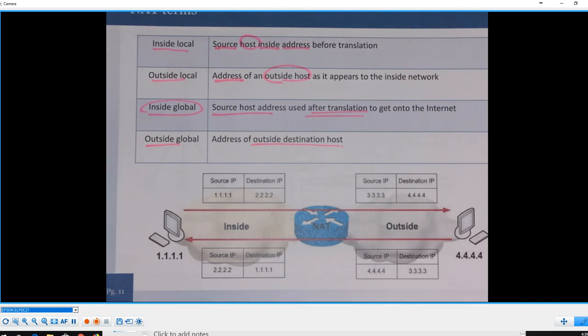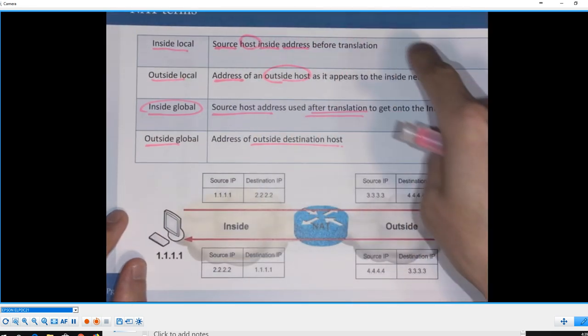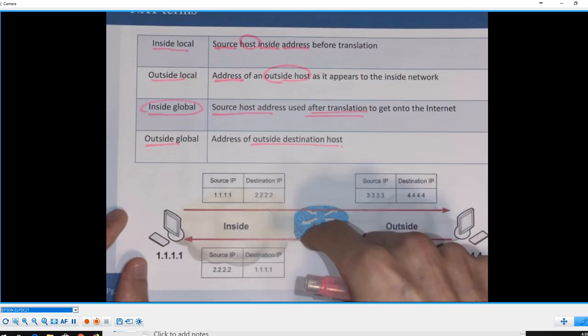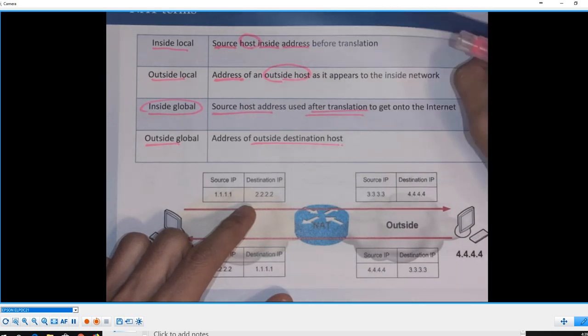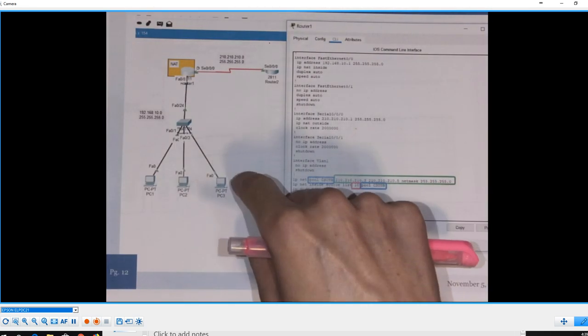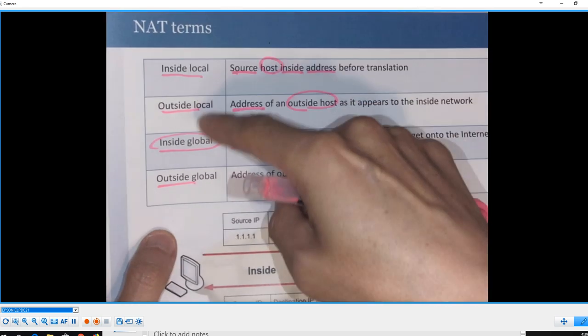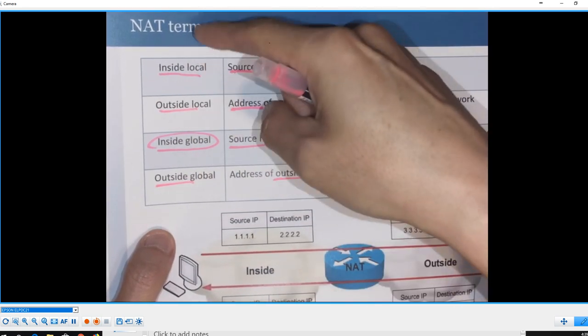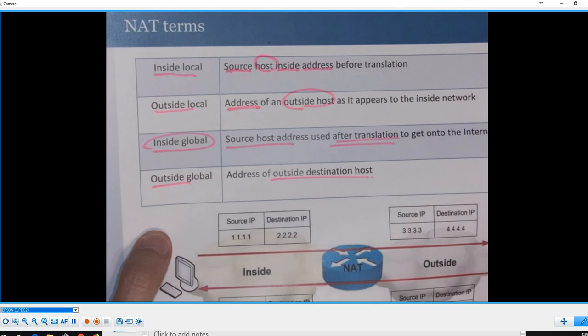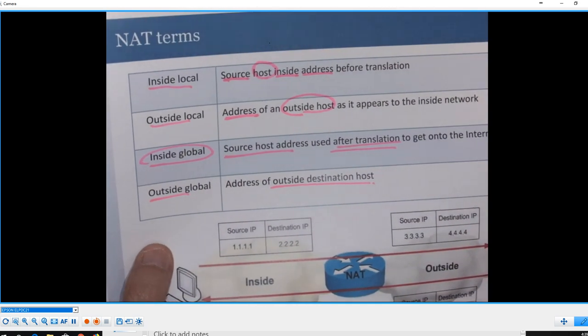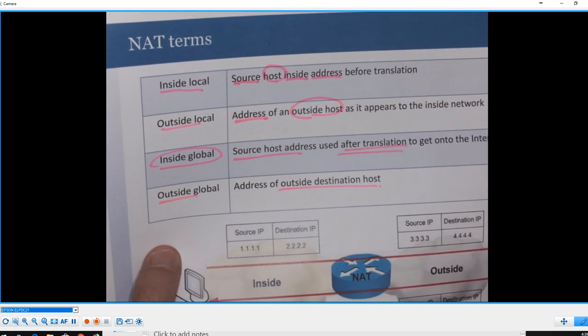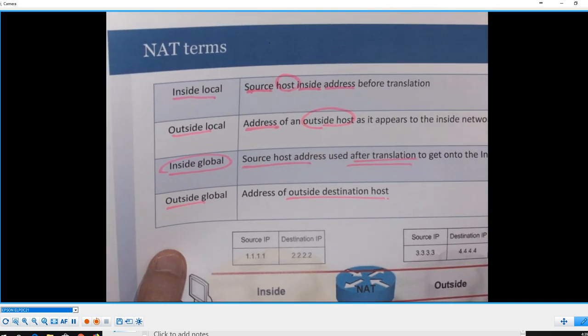Okay. And then instead of explaining these terms using this diagram, I'm going to use the following diagram to explain these four different terms, okay? Inside local, outside local, inside global, and outside global, okay?